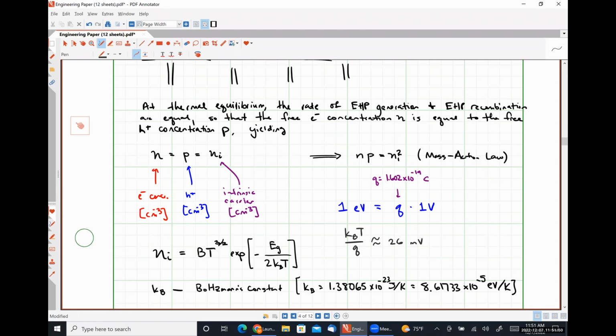Then we have some very small voltage, 8.61733 times 10 to the minus 5 volts, and we multiply it by a room temperature of 300 Kelvin, and we get about 26 millivolts, 25.9 and some change. So I would argue, don't do the calculation yourself with the units. It gets weird quickly. Just say it's a voltage that's scaled by some amount.